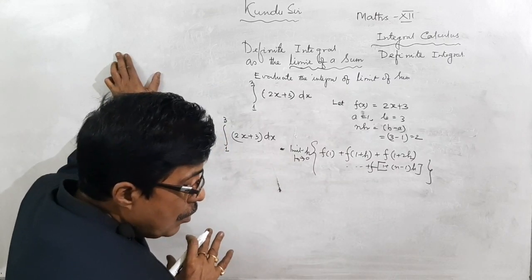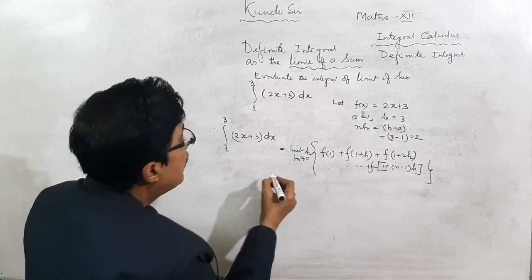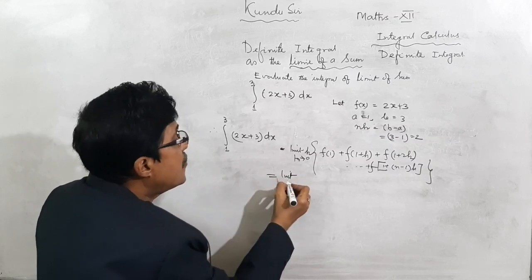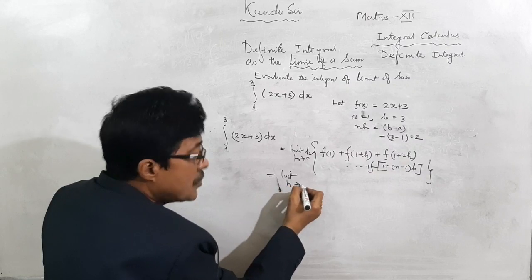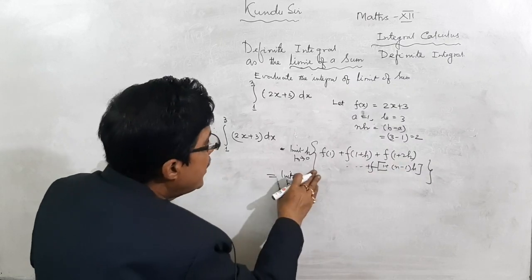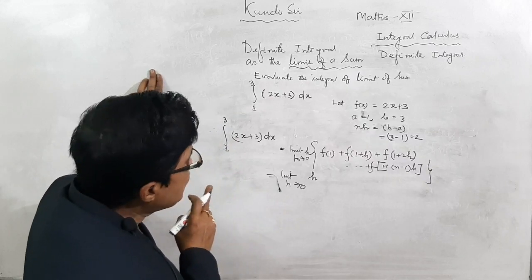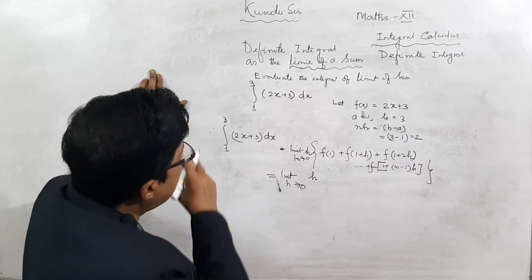Now what can we write here? Limit h tends to 0, then h times f(1).